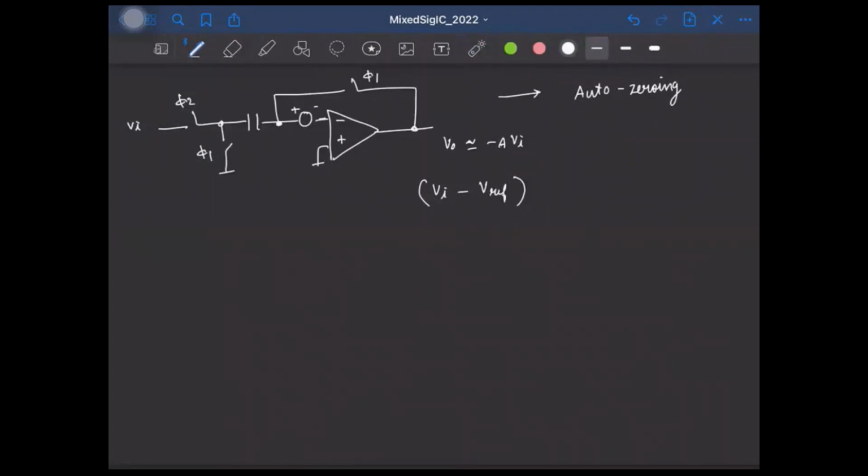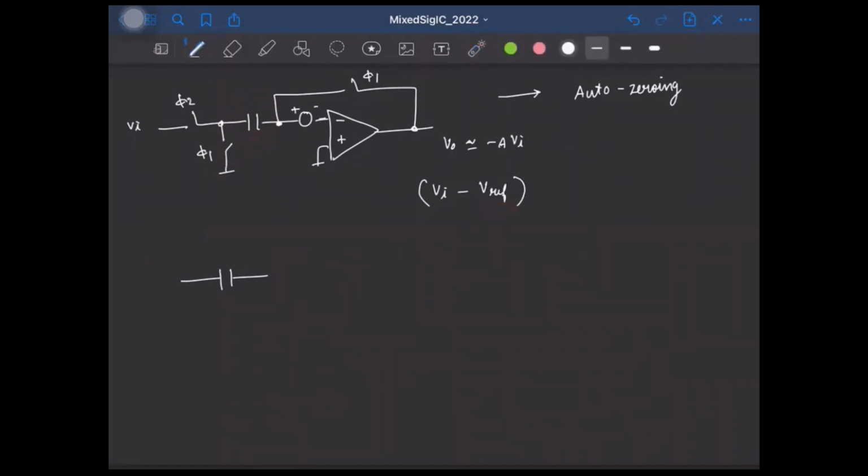If you remember from the last class, what we did was to use a capacitor that was charged to the required reference voltage and connected in series with the input. But now we already have a capacitor here that we are using to estimate and store the offset, so we can reuse the same capacitor for storing the reference voltage also.